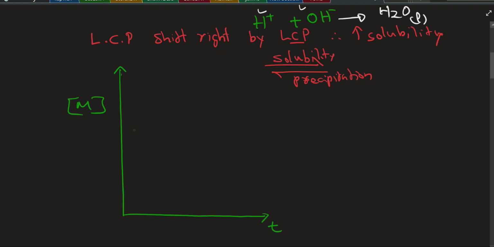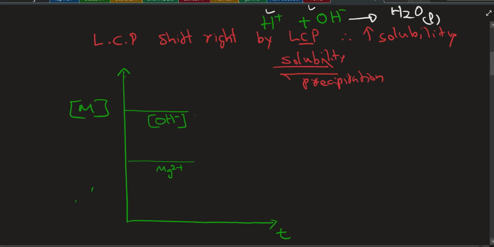So that would be flat lines for the cations and anions of the salt. You will just start with flat lines for, in this case, magnesium 2+ and the hydroxide ions. These are constant concentrations for the time being because they were saturated, right?